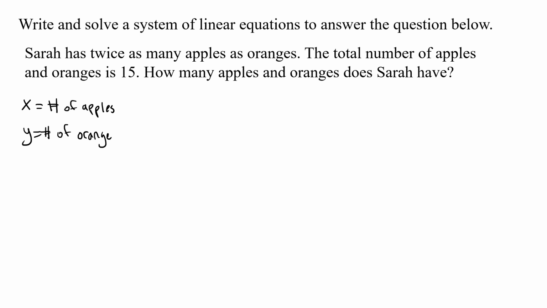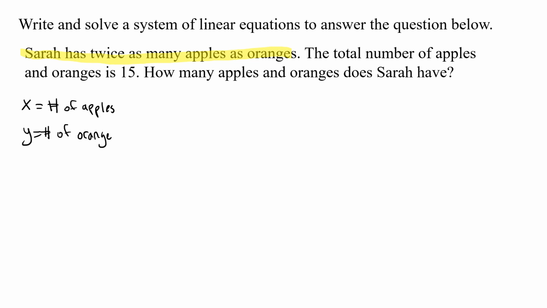So now based on this, let's write our descriptions here, our sentences. So first thing we know is that Sarah has twice as many apples as oranges. So her apples are twice as much.